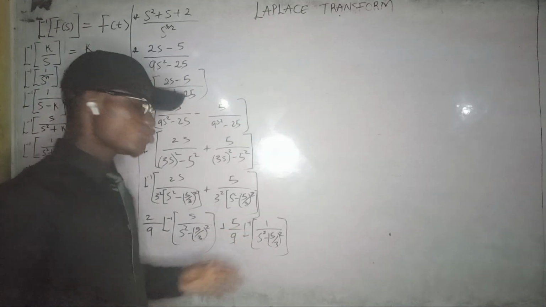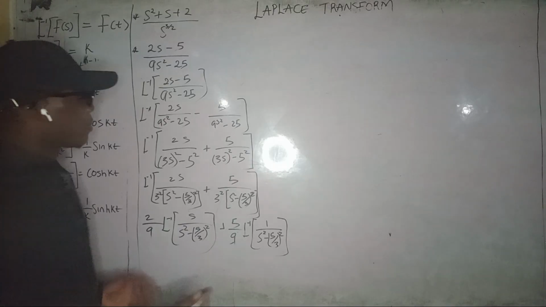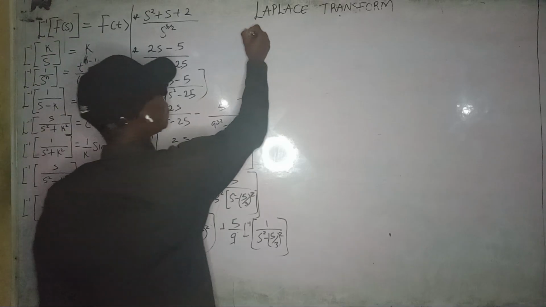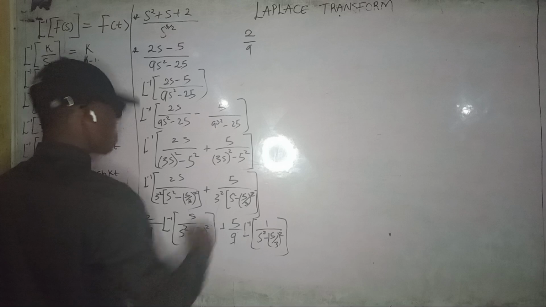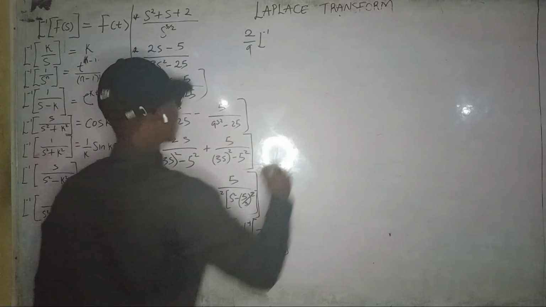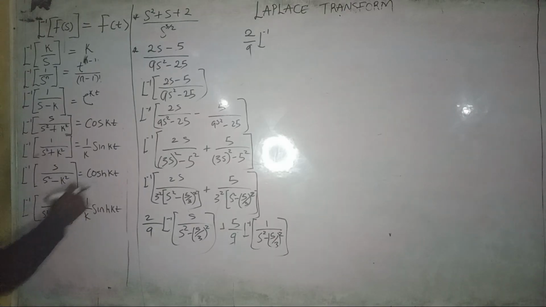So what we just need to do is to apply our formulas here, which are our cos and our sine, the hyperbolic functions. So when we apply them for this, we are going to have 2 over 9, the inverse Laplace transform of this is going to give us cos kt.